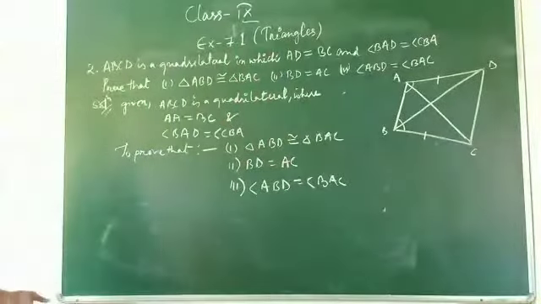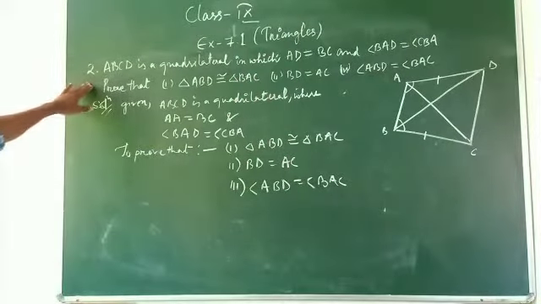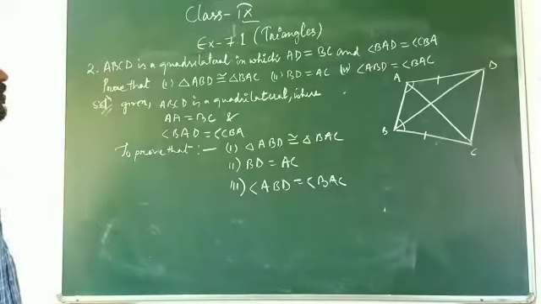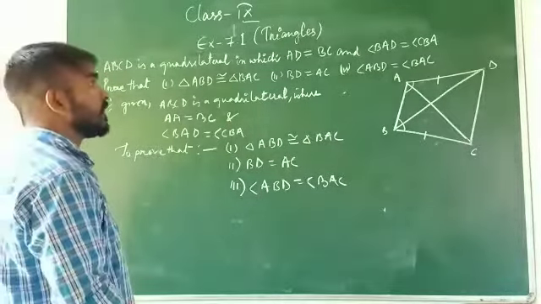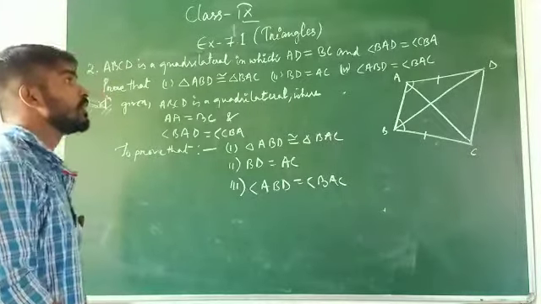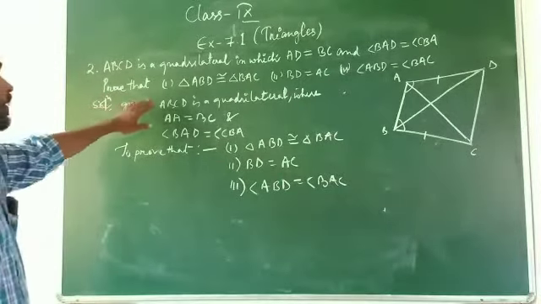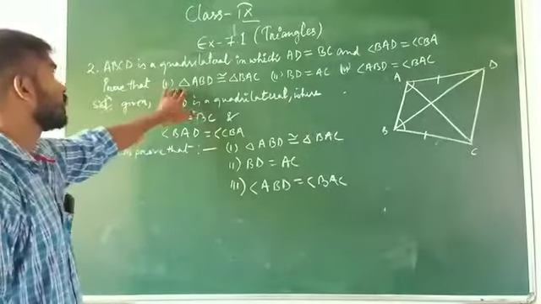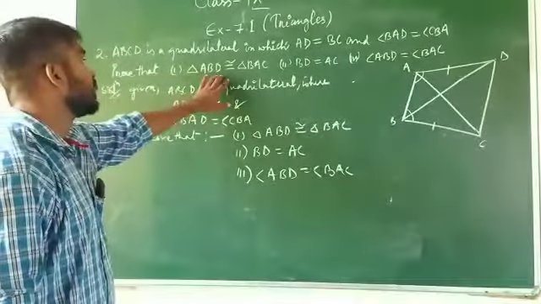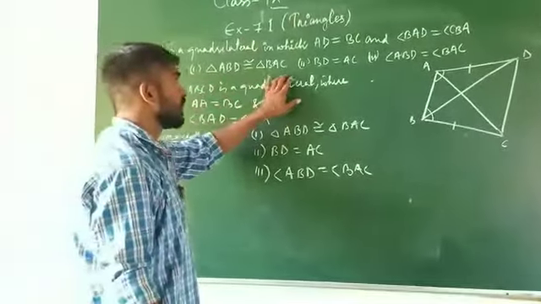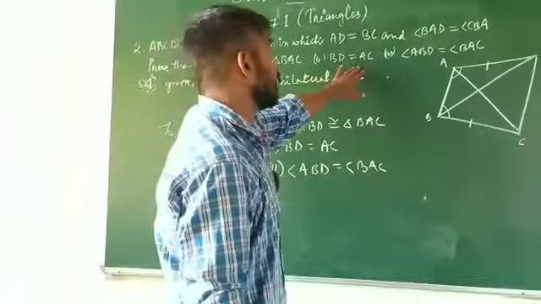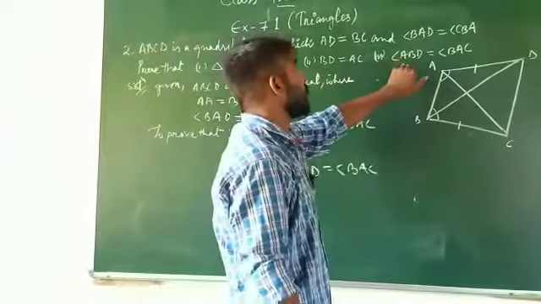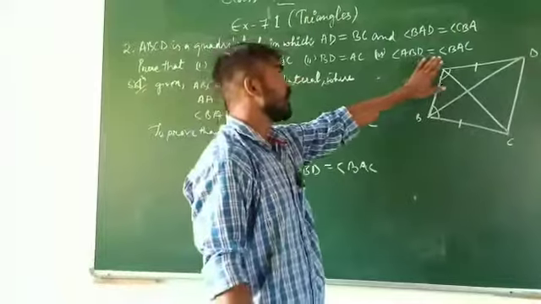So here in this question number 2, ABCD is a quadrilateral in which AD equal to BC and angle BAD equal to angle CBA. We have to prove that Roman number 1, triangle ABD congruent to triangle BAC, Roman number 2, BD equal to AC, and Roman number 3, angle ABD equal to angle BAC.